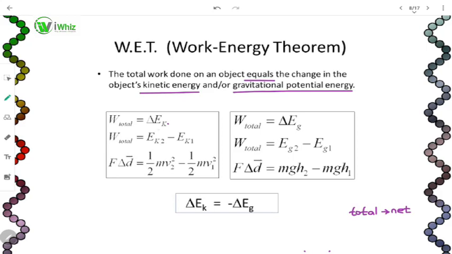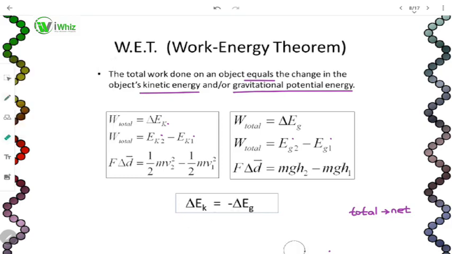The change in kinetic energy will equal the final minus the initial, and then you calculate them each independently. Or gravitational potential energy, where we look at the formula for gravitational potential energy, the final minus the initial, and then break it down into its components. We can then see that the change in kinetic energy is equal to the negative change in potential energy.